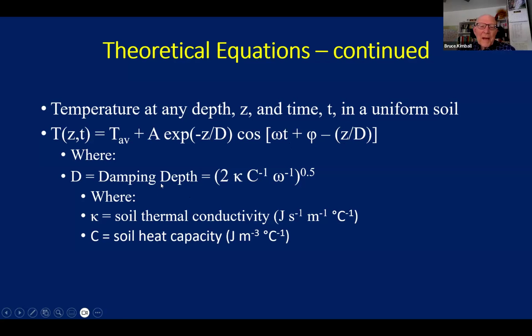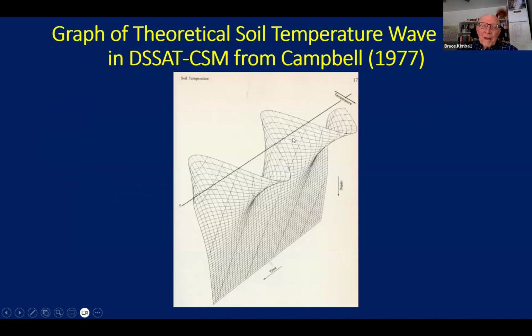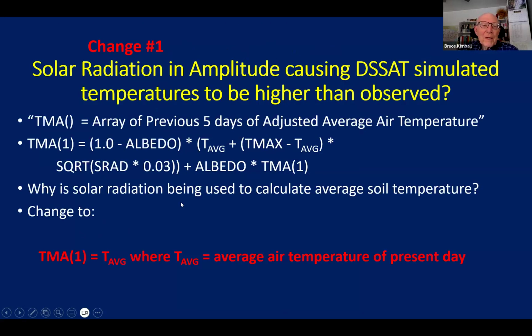And this D is a damping depth, which has in it the soil thermal conductivity and the heat capacity of the soil. There's a plot of that equation that comes from Campbell 1977. So like I said, that's really a pretty cool equation. But anyway, most of the time DSSAT was getting temperatures that were too high.